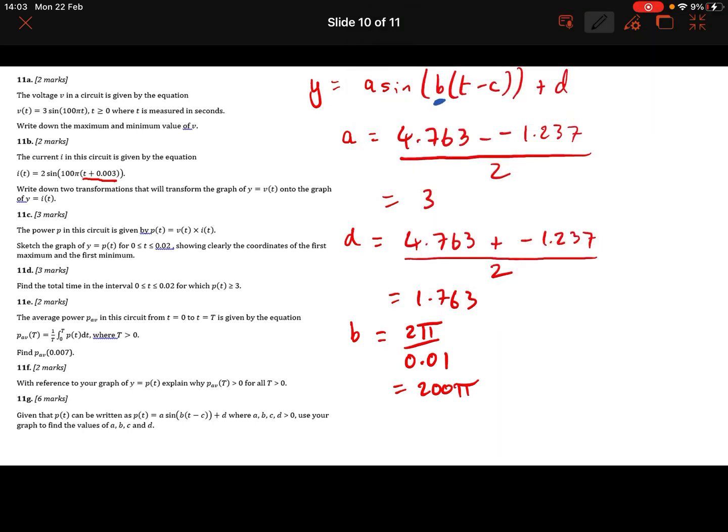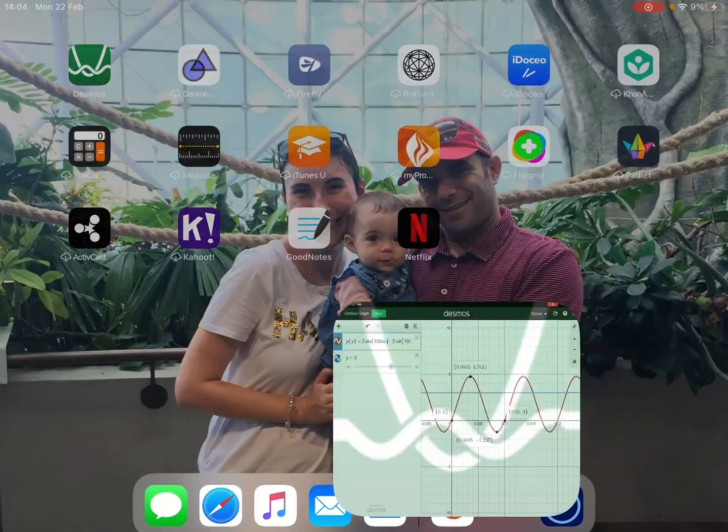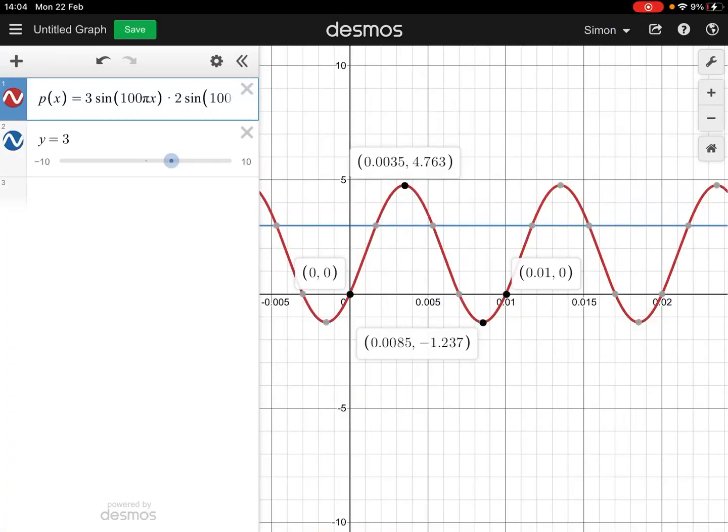Now all I'm going to do, just to make life easy for myself, is pick a point that is on the curve and pick the easiest point that you can possibly know. Well, that is 0, 0. 0, 0 is on this curve. So that means if y equals 0, let's plug that in. 0 is equal to 3 sine of 200 pi times negative c plus 1.763.